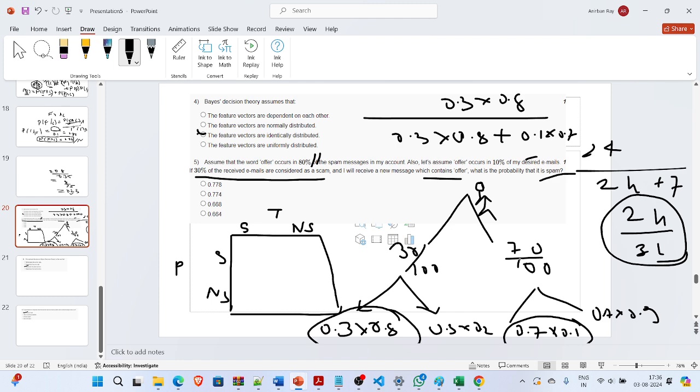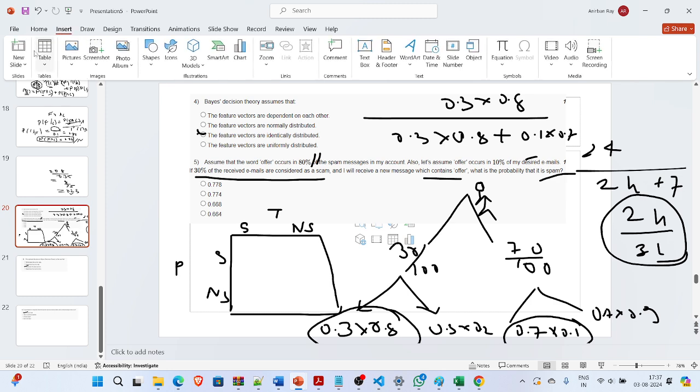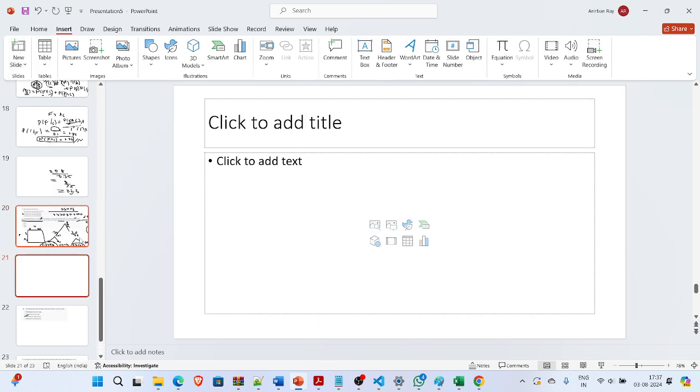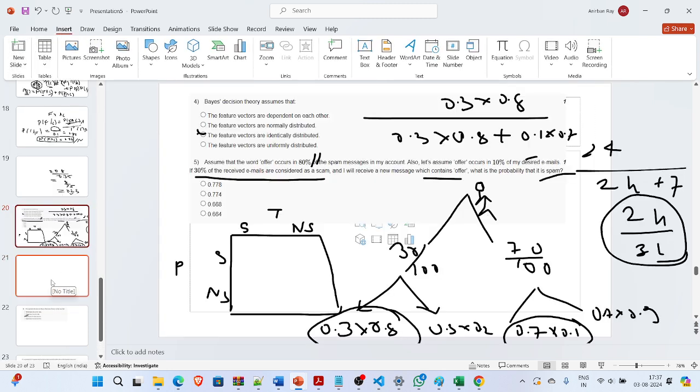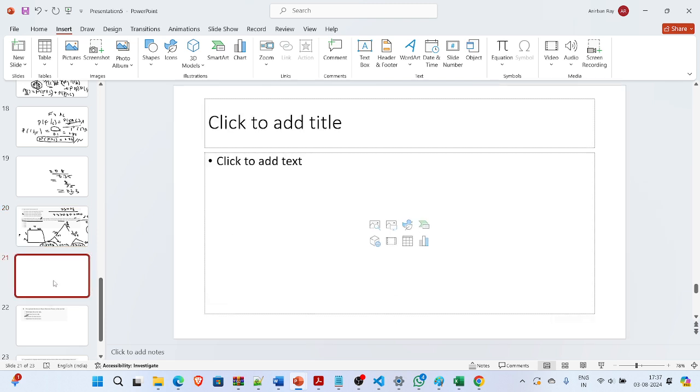But with Bayes theorem, by writing the expression, you can do it. So we write the expression: probability of occurrence of offer.